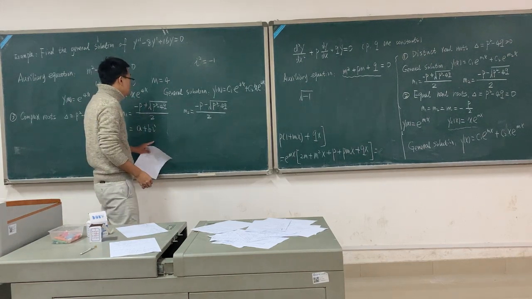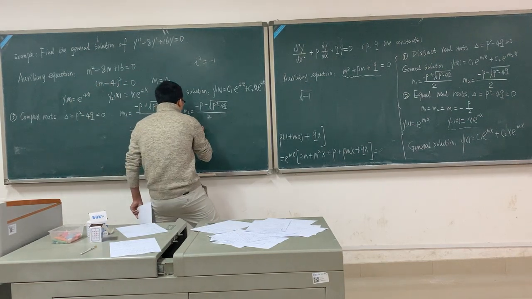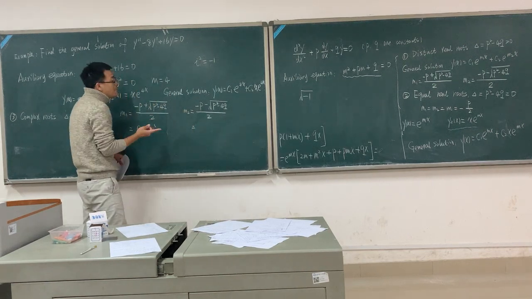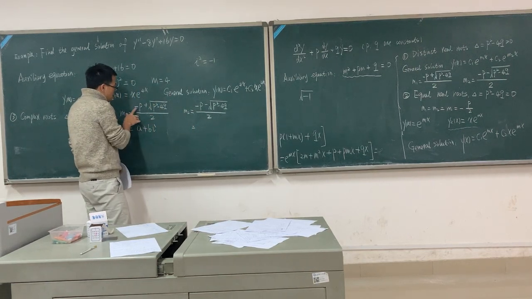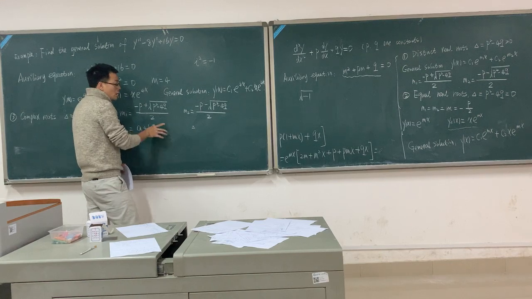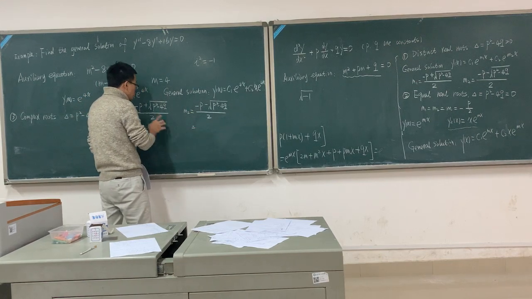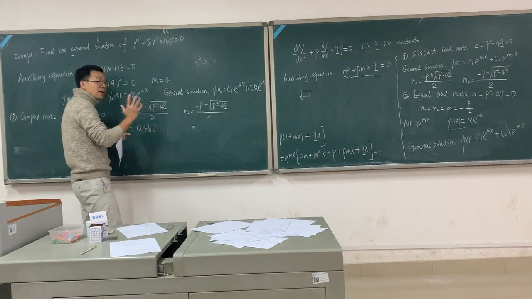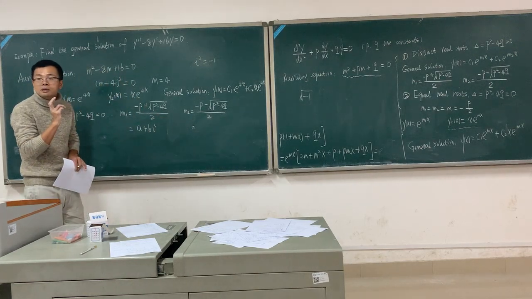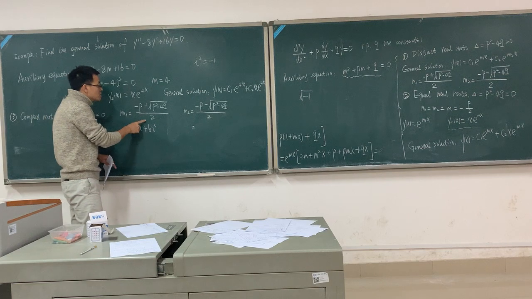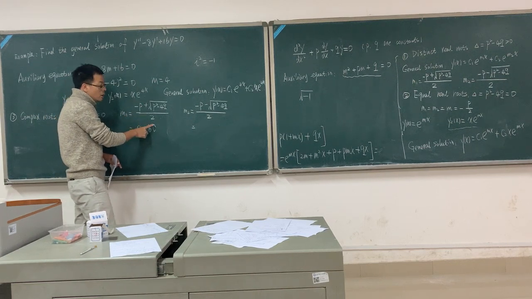And m2 is, we can say, the real part is minus p by 2. Here, this real part is also minus p by 2. So m1 and m2 have the same real part a, which is minus p by 2.